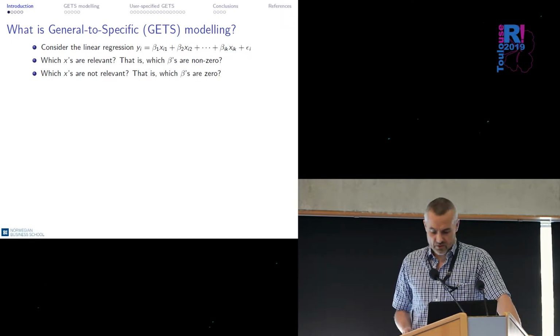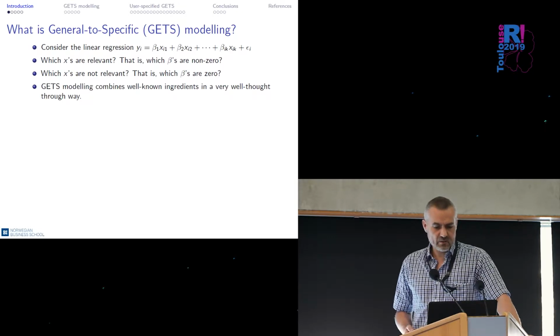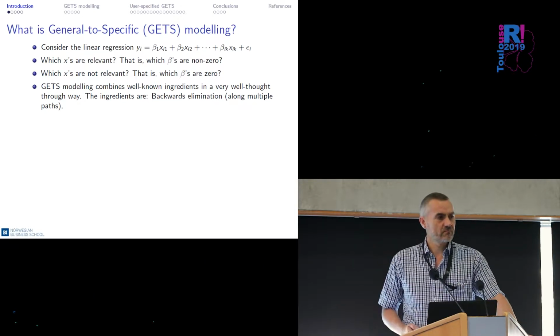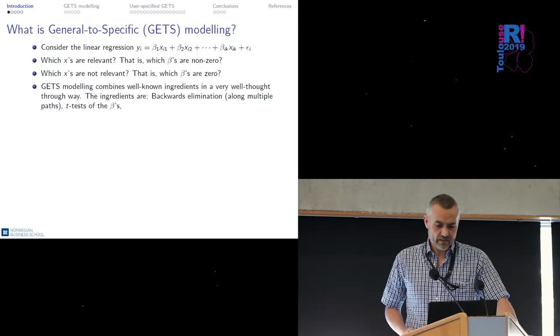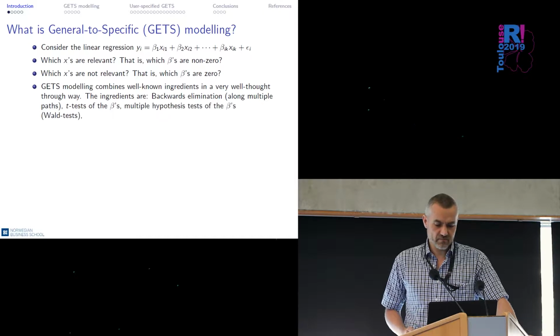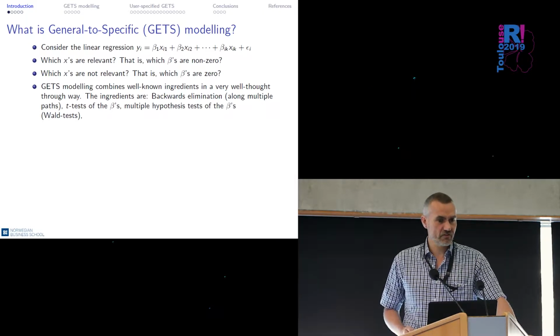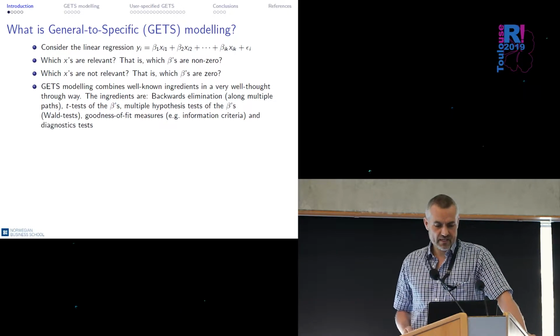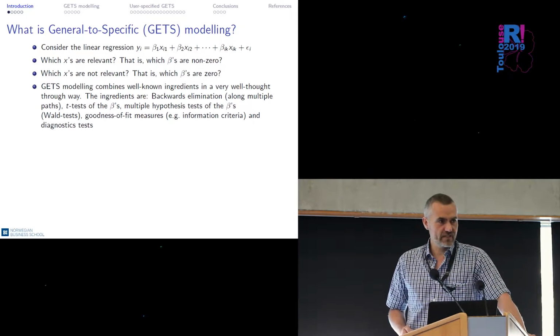And what Gets modeling does is that it combines well-known ingredients in a very well thought through way. The ingredients are backwards elimination along multiple paths, t-tests of the coefficients, multiple hypothesis tests of the coefficients, goodness of fit measures, and diagnostics tests.